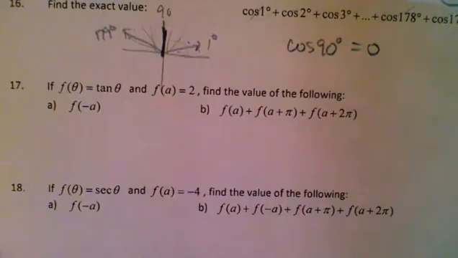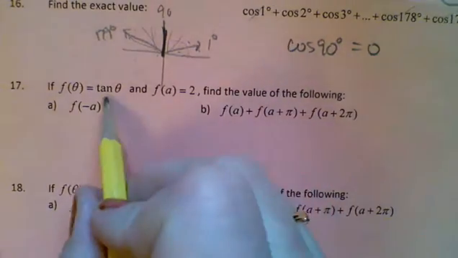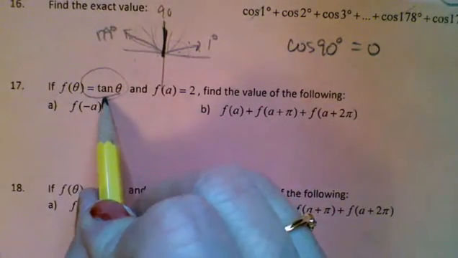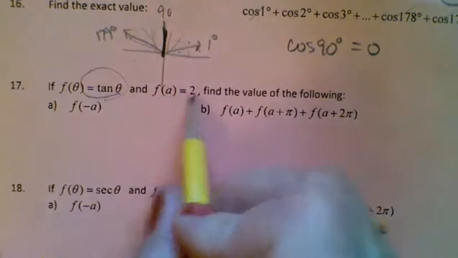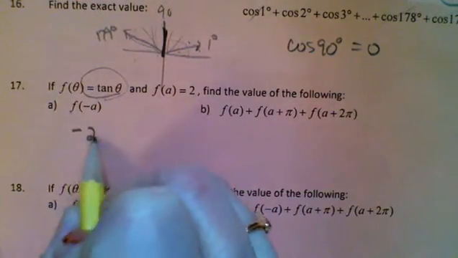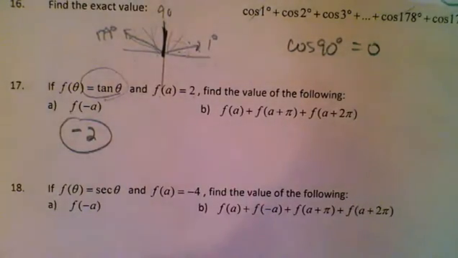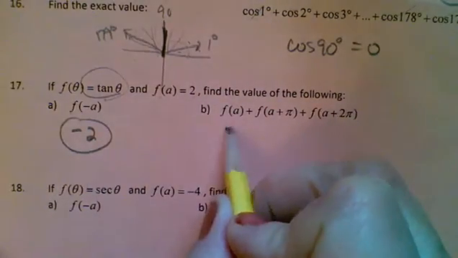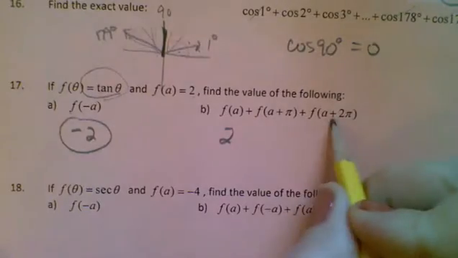Okay, and then 17 and 18 again are dealing with the even, odd, and the period. So if I'm dealing with tangent, tangent is odd. So f of a is 2. So f of negative a, when I put in a negative theta, I'll get negative 2. So here I take f of a, which is 2, f of a plus pi.